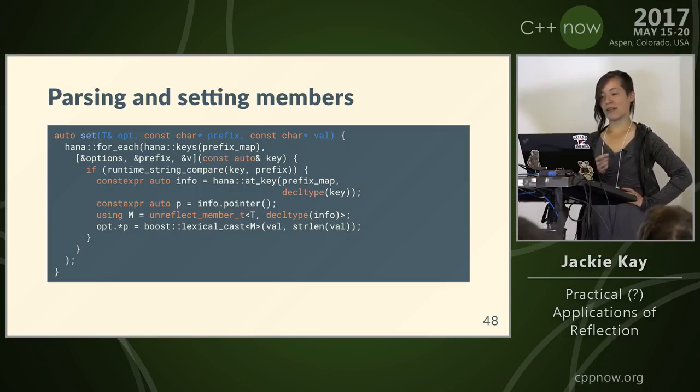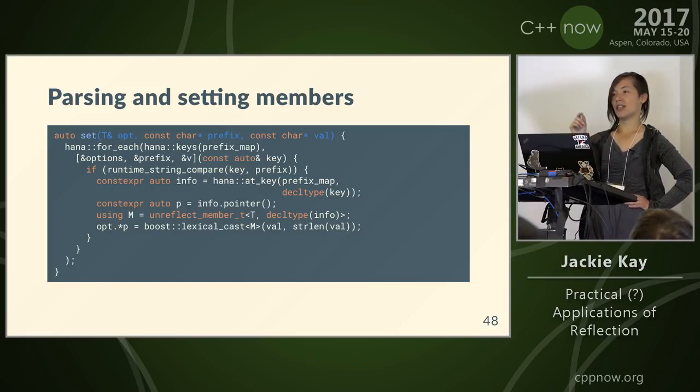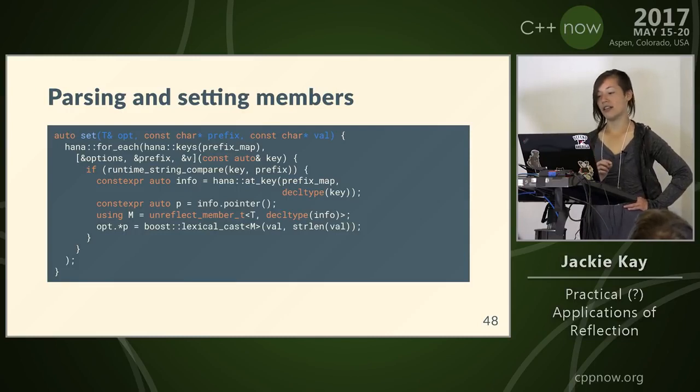This runtime string compare thing is, I think Louis was alluding to the fact that Hana equal will compare. Oh no, actually that's not relevant, because Hana equal on const char stars will compare the pointer, not the values. But runtime string compare here is actually a facility that will go over every character and compare them, probably using a fold expression.